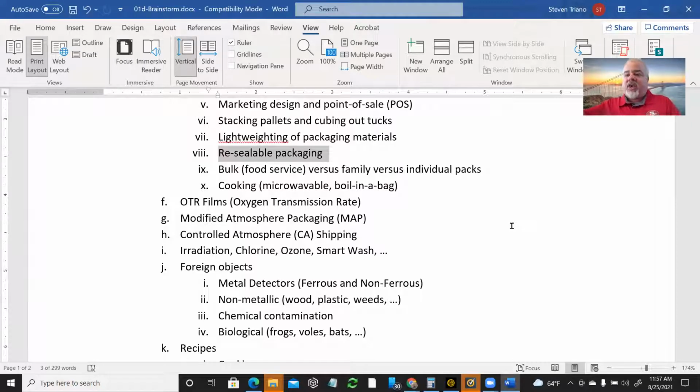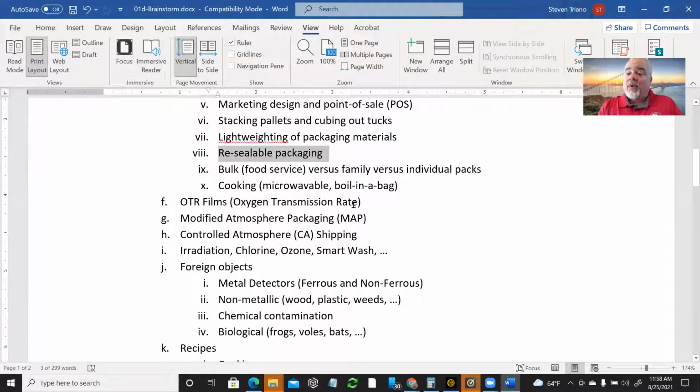Now you kind of peel back the top of the cookies, you grab whatever you want, and it lays back down almost like a Post-it note stickiness, where it sort of seals, it sort of doesn't. They assume that the cookies aren't going to last that long. So keeping a cookie fresh is a very different issue than keeping cheese or lettuce fresh. So there's different kinds of resealable packaging.